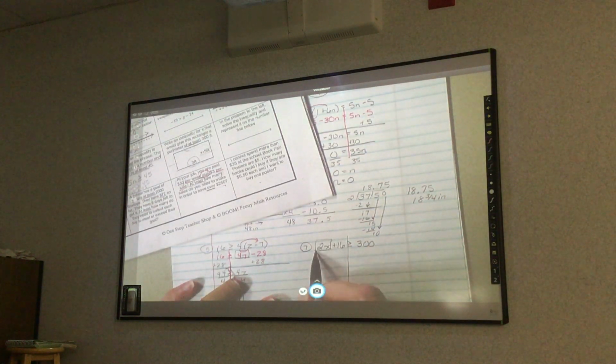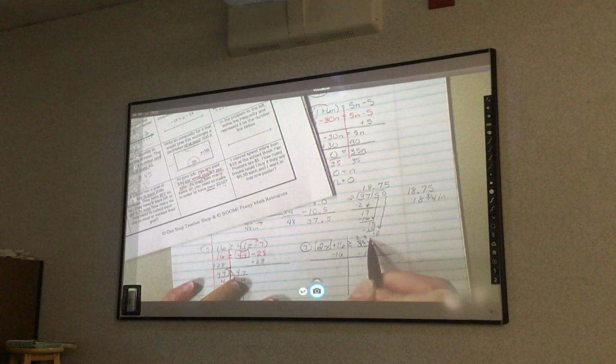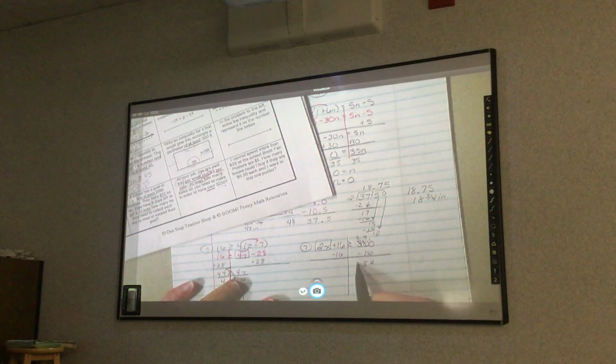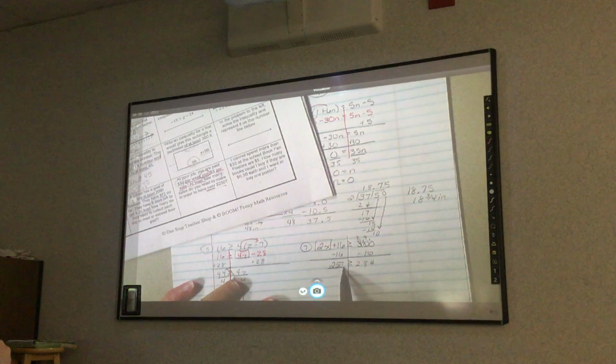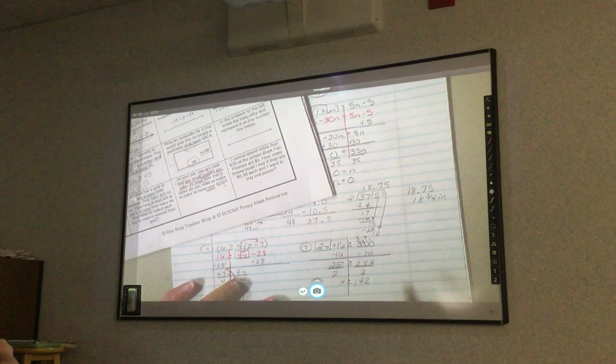Box up my 2x, subtract 16 from both sides. I need to do a lot of borrowing here. And I have 2x is greater than or equal to 284. Then I box up my x again, divide by 2, divide by 2, x is greater than or equal to, 2 goes into 2 once, 2 goes into 8 4 times, and 2 goes into 4 2 times.